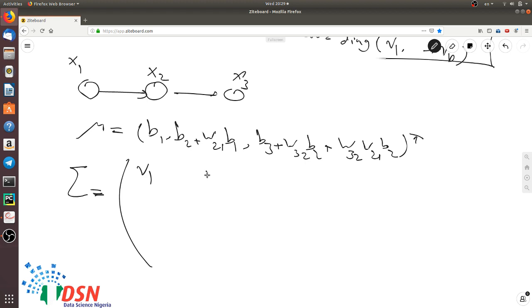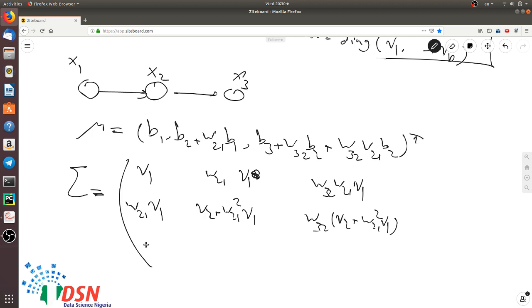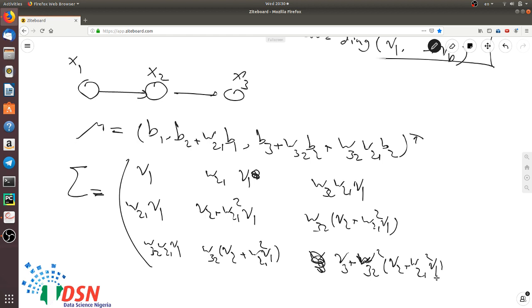So we have V1, W21 V1, and W32 W21 V1, W21 V1, V2 plus W21 squared V1, and W32 V2 plus W21 squared V1, and V3 plus W32 squared V2 plus W21 squared V1.